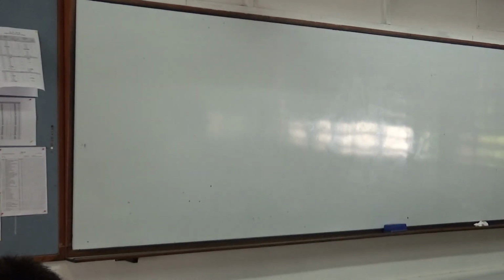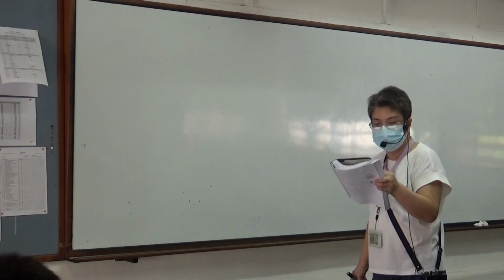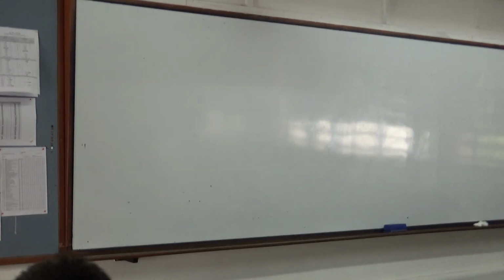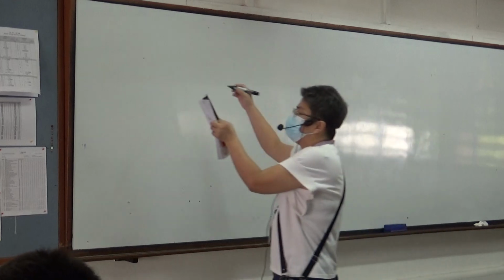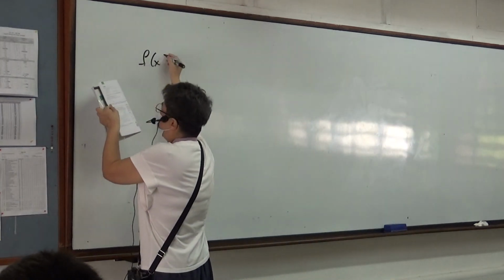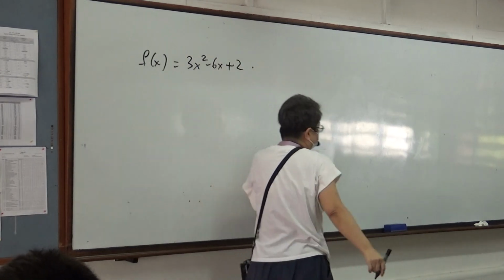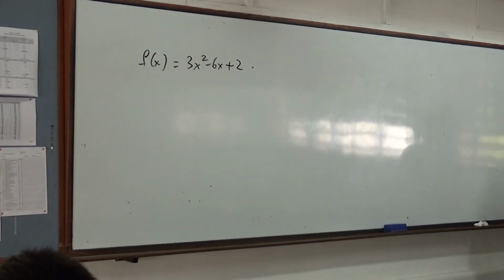Express each of the following functions in the form a(x minus h) squared plus k, where a, h, and k are constants and a is not equal to 0. Hence, find the minimum or maximum value of f(x). Justify your answers. Now, I'm going to write the first one first. Now, this is an expression.